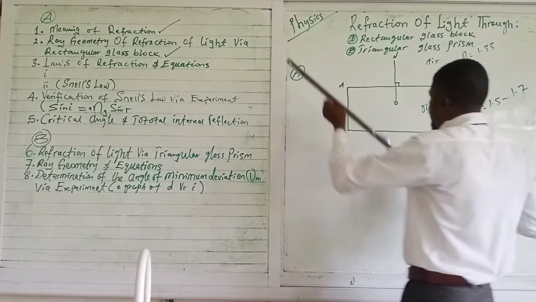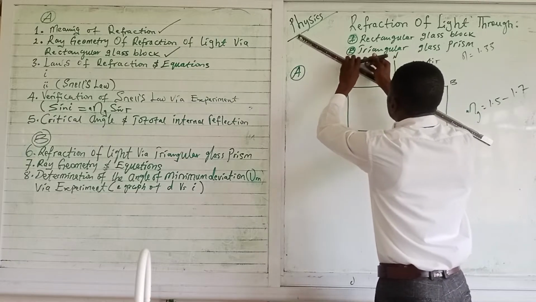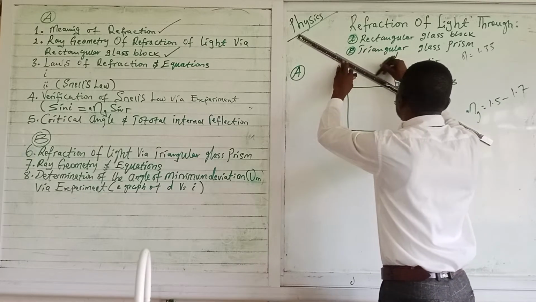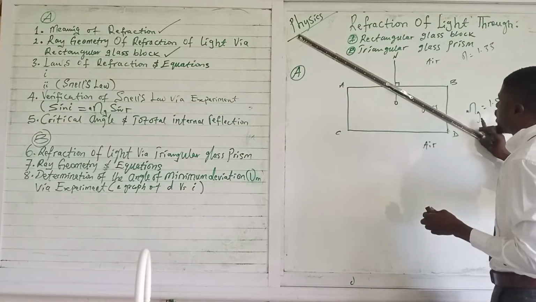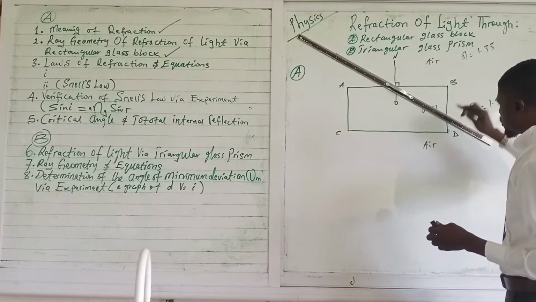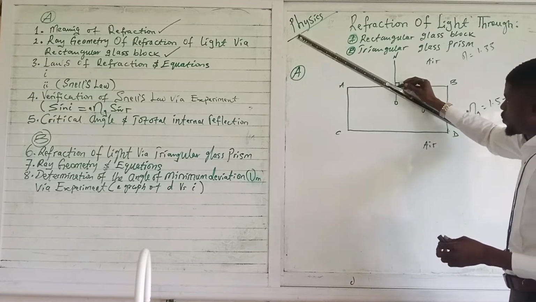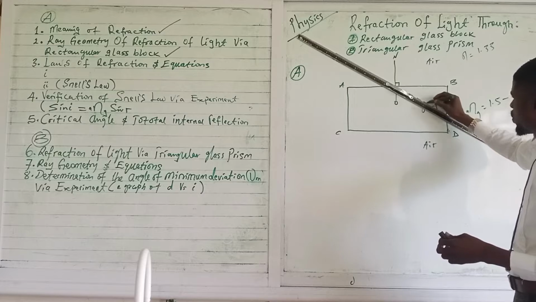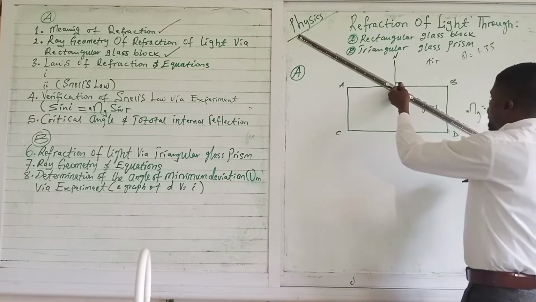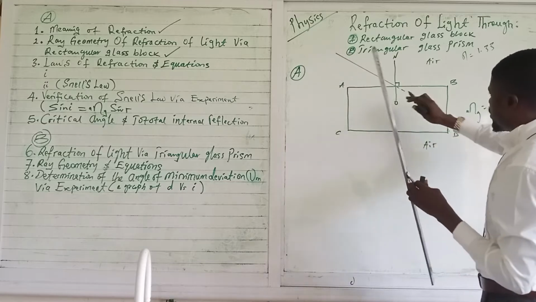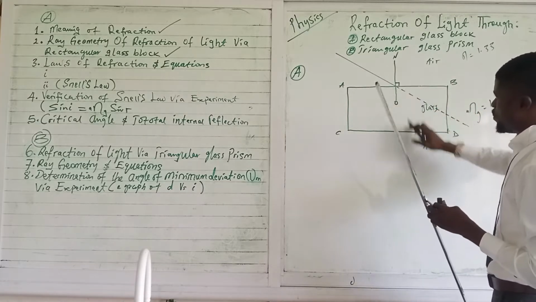So, if a ray of light is coming from the air media, this is how it is drawn. Now, supposing that there was no glass media here, this ray of light was supposed to pass through here with this dotted line. But because there is a glass media here, the ray of light will bend.